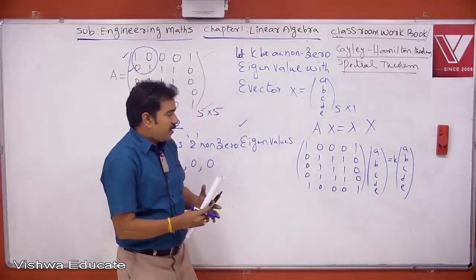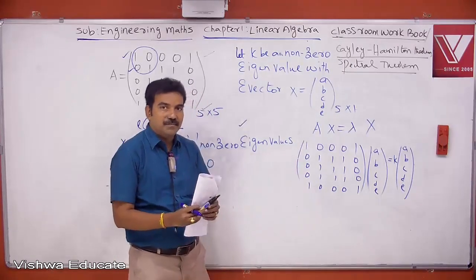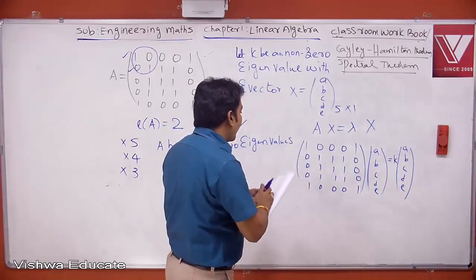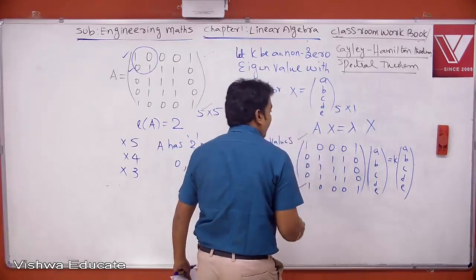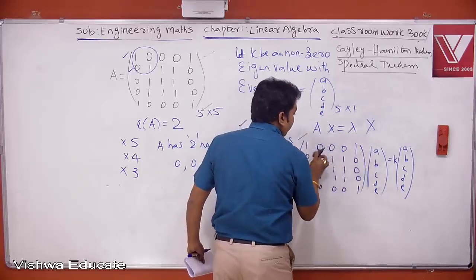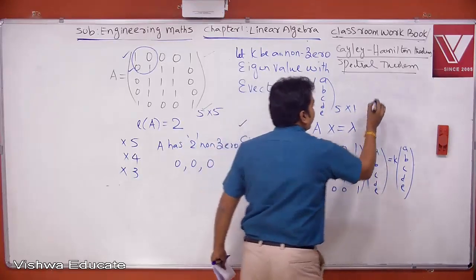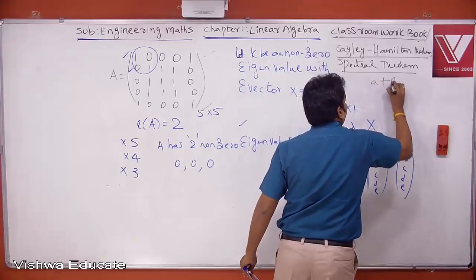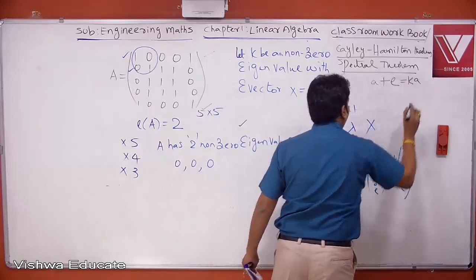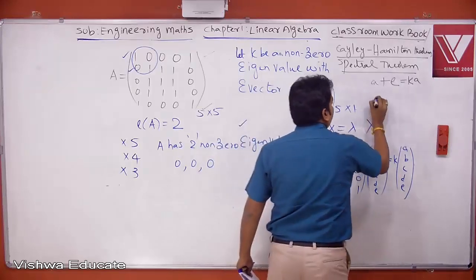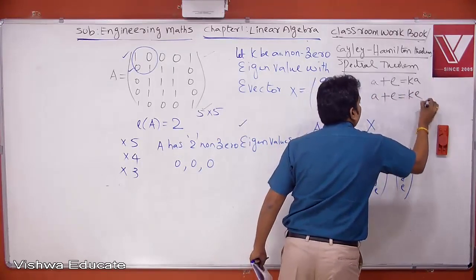Now in this expression, let us try to expand the first and last rows at first. When you expand the first row, the result is 1 times a plus 0b plus 0c plus 0d plus e equal to ka, so a plus e equal to ka. When you expand the last row, you will get a plus e equal to ke.